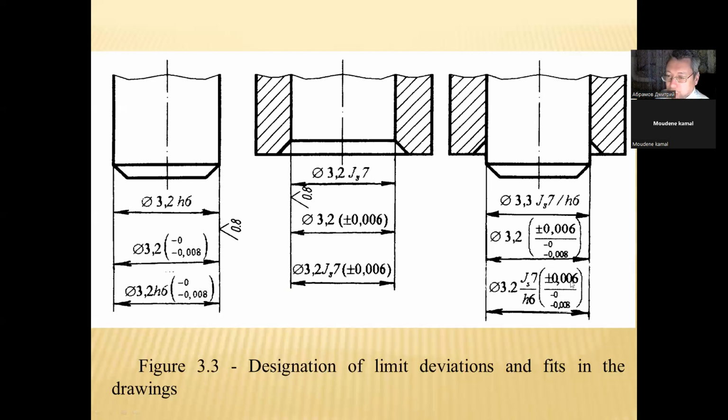It's for the hole. And for the shaft, fundamental deviation h, IT grade 6, upper limit deviation 0, lower limit deviation minus 0.008. These were three variants of designation of limit deviations and fits in the drawings.